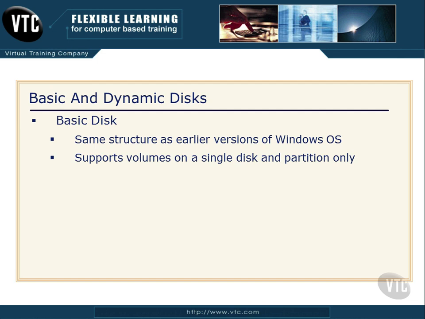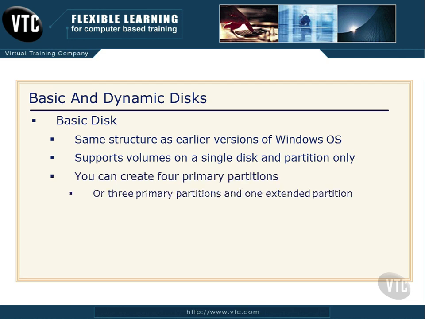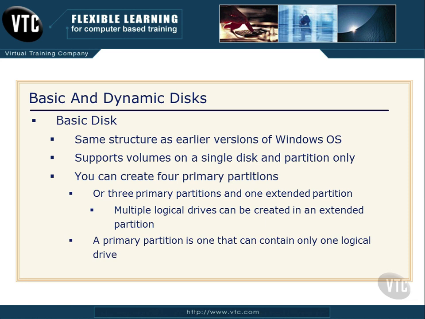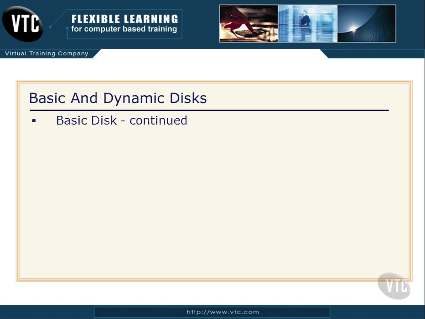I can create 4 primary partitions, or, where have you seen this before, 3 primary partitions and 1 extended. Then I can have multiple logical drives in an extended partition. Trust me, you're going to know that before you leave this course, right? Now, a primary partition, by the way, is one that can contain only 1 logical drive.